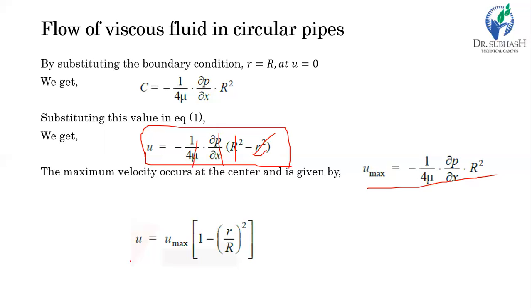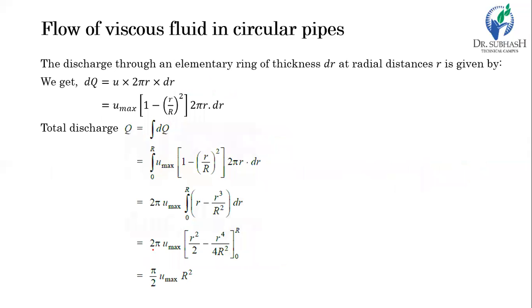So this equation gives you the relation u is equal to u max into bracket 1 minus r upon R all square, which you can derive by putting the value of u max in this equation. So you get the relation between general velocity and maximum velocity. After getting this velocity, let's calculate the average velocity and thus the discharge.